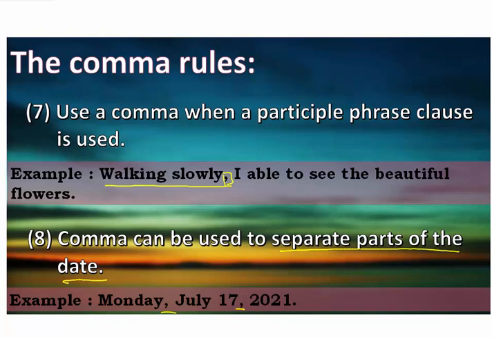In this case, we are using commas to separate the parts of the date: Monday, comma, July 17th, comma, 2021. So a comma can be used to separate parts of the date.